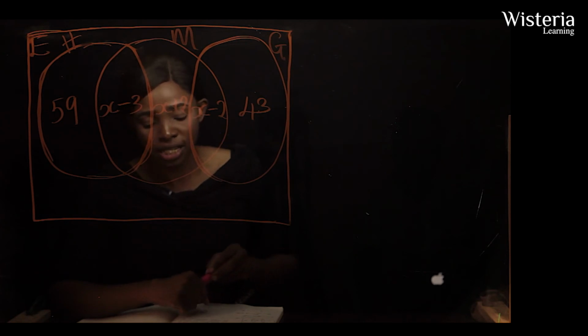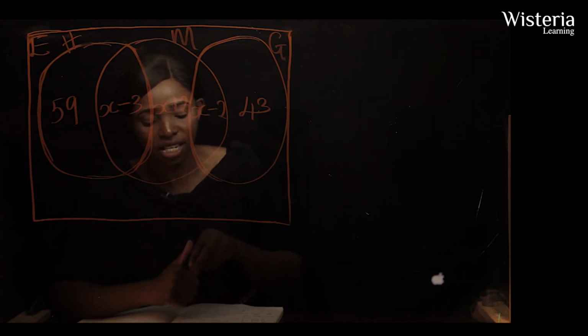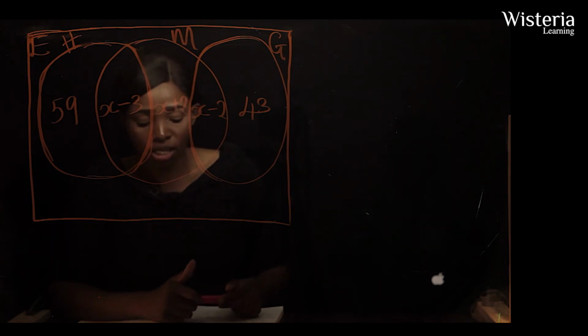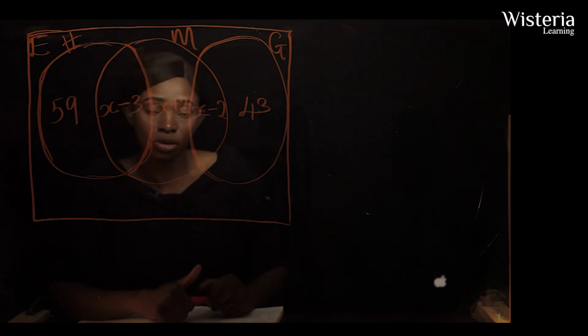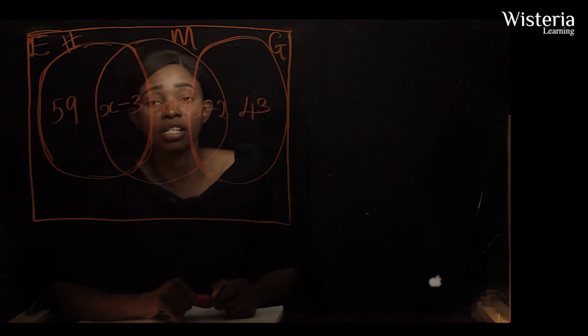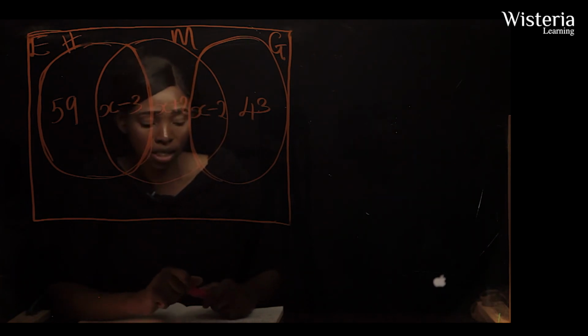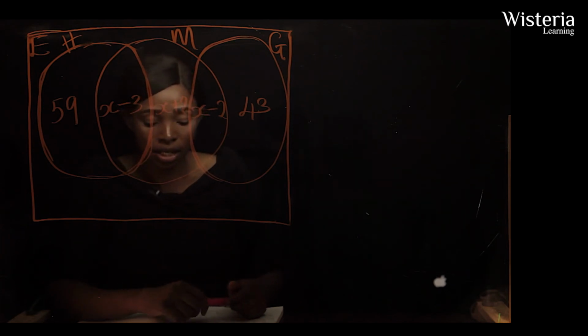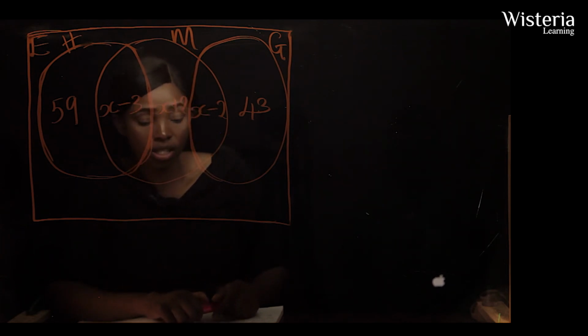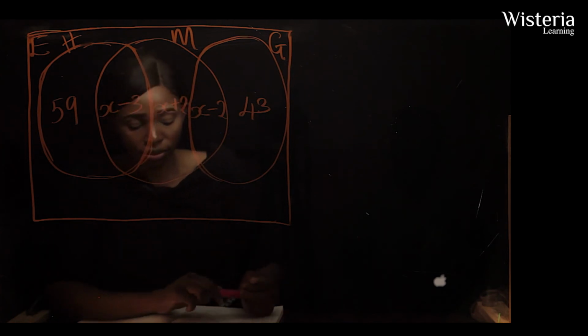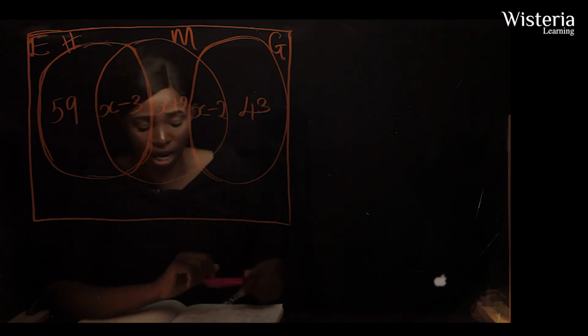The Venn diagram shows the optional subjects that all grade 10 learners at Kusambirila Secondary School took in a particular year.